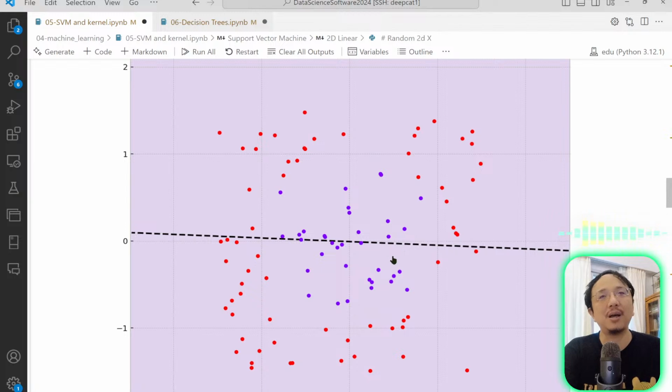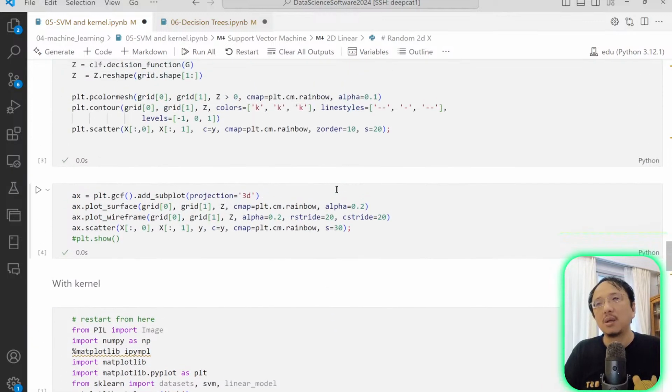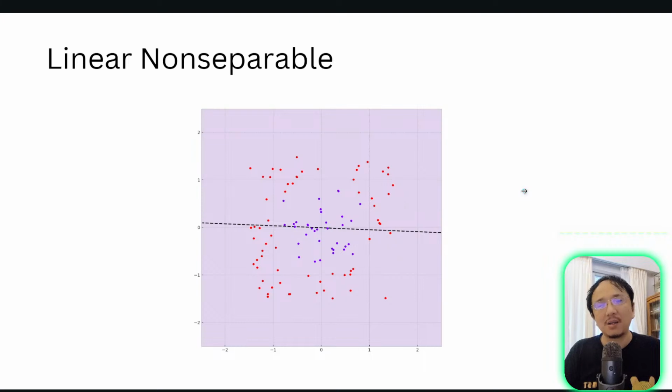It's no better than a random straight line that you just draw randomly, because they are equally poor. You can easily see that it is impossible to find a straight line that separates the points in a unit circle and the points outside the unit circle. Instead, what we can do is introduce some more features, like polynomial features.